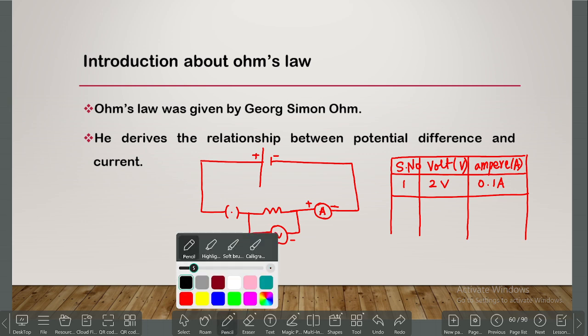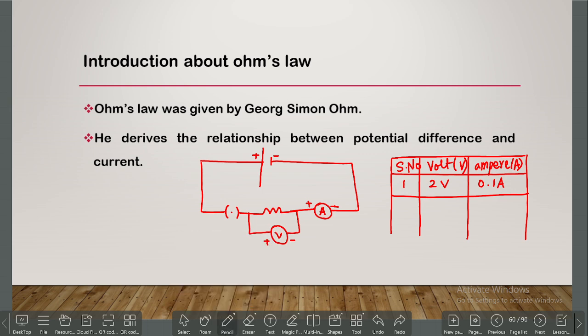Now look at the circuit and we can see how many cells are there. Only one cell is there. Now he added one more cell, then the given combination becomes a battery.